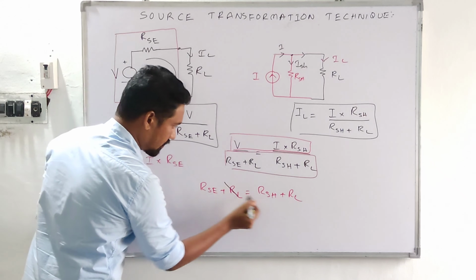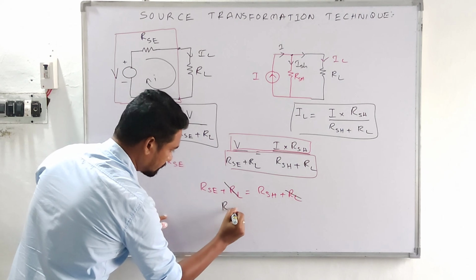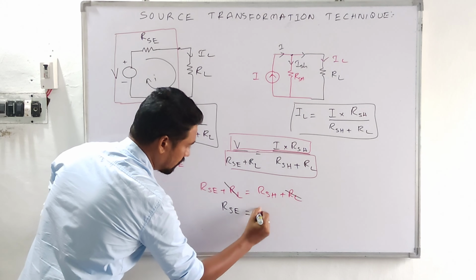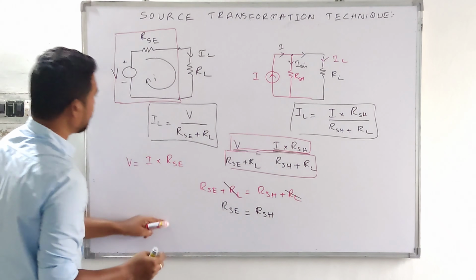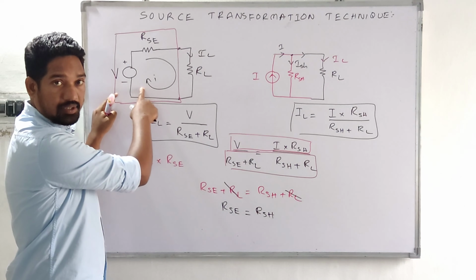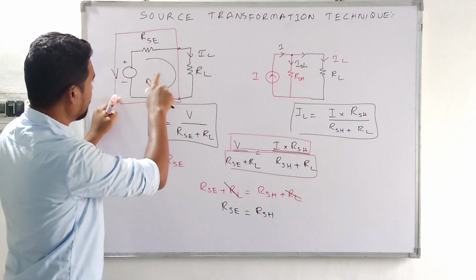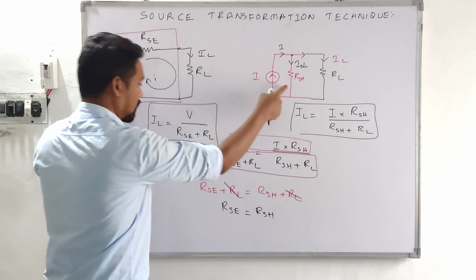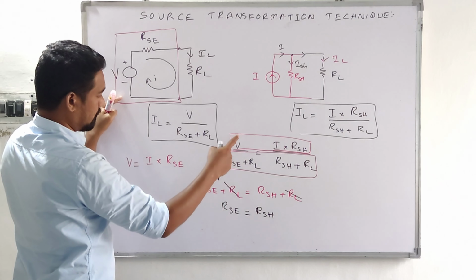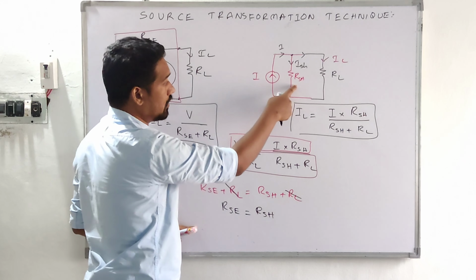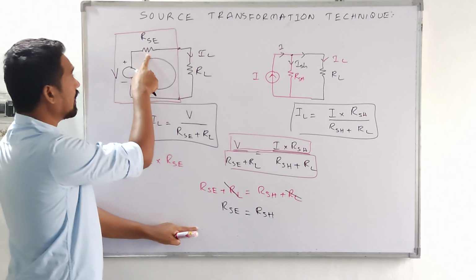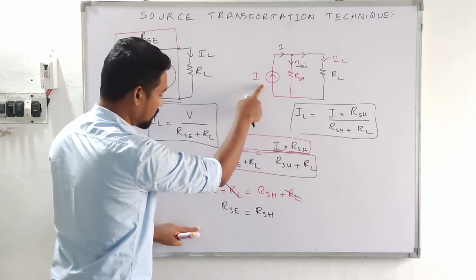RSE will be equal to RSH. Supposing we are dealing with a voltage source and need to convert it into a current source, the RSH plugged in over here should be equal to the RSE value.